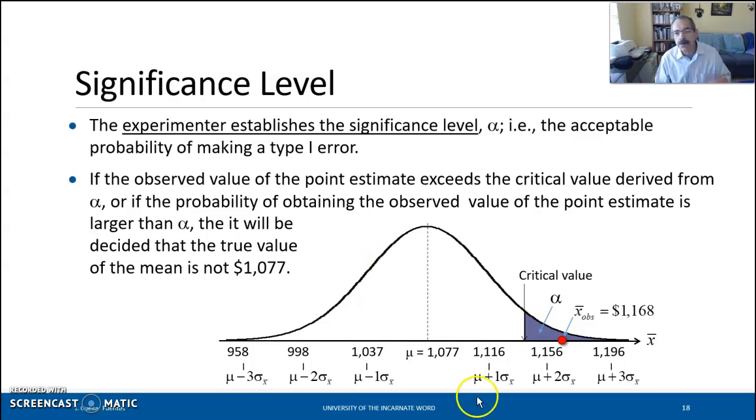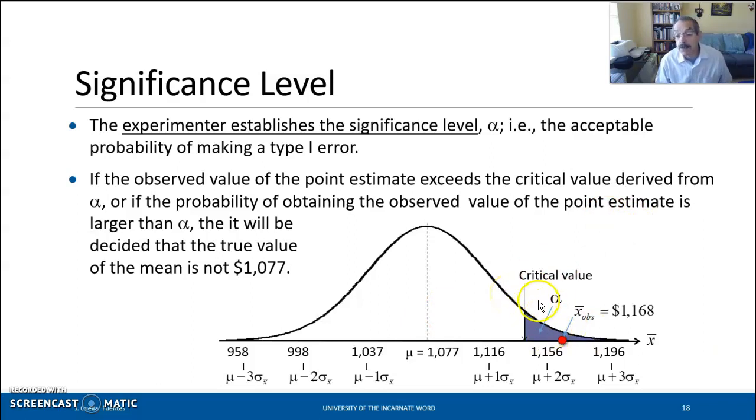This is a diagram that we use for the example that we started with in Module 9. We were asking if the observed value of the statistic was rare enough to decide that this mean is incorrect. Well, here's where we use the value of alpha, the probability of making the type 1 error.